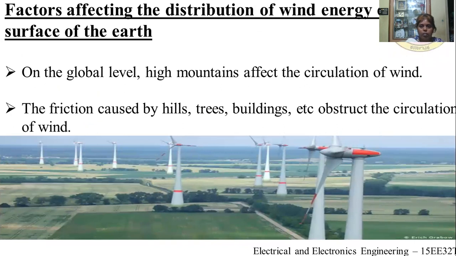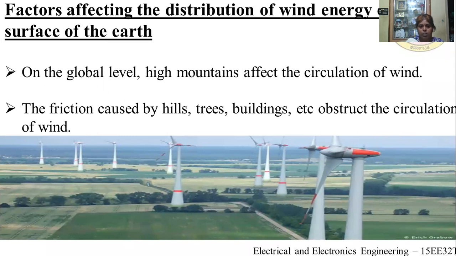Next is the factors affecting the distribution of the wind energy on the surface of the earth. The first factor is on the global level: high mountains affect the circulation of the wind. That is, in case any high mountains are there in nature, they will affect the circulation of the wind. So it will affect the receiving of the winds by the wind turbine.